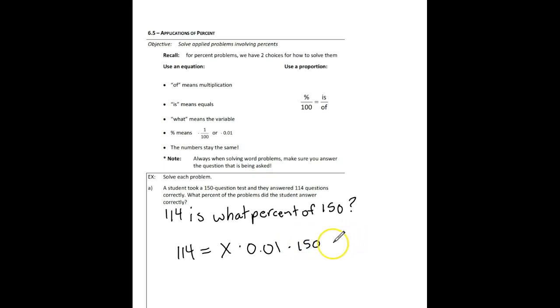I simplify this, and you simplify it as well, and we get 114 equals 1.5x. Double check that if you need to. Divide by 1.5, divide by 1.5, and I get x equals 76.